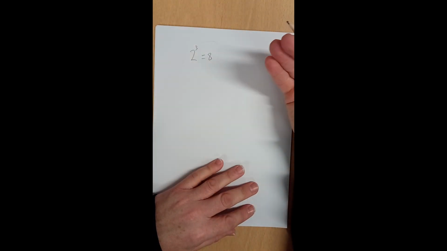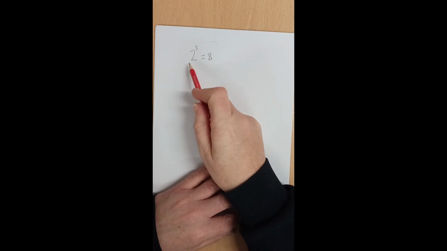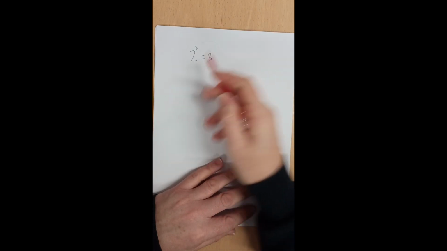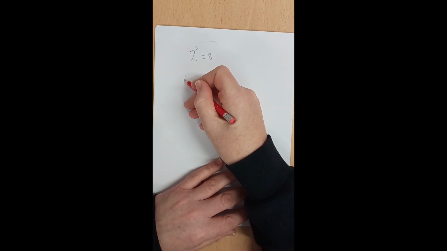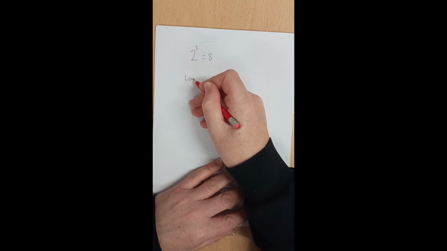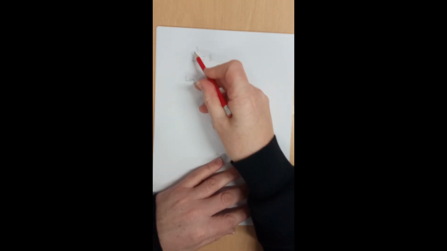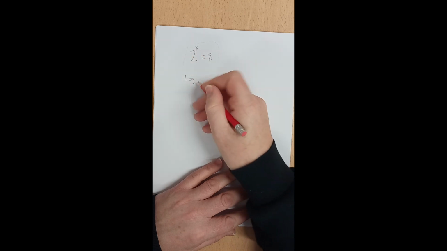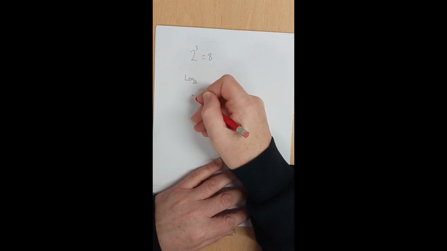So one way to get around this is using a thing called a log. So in log form, let's see what this would look like. So you would have the log, and then the base number of your indice becomes the base number of your log.